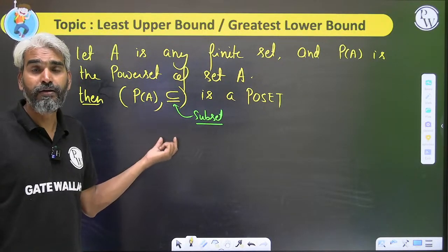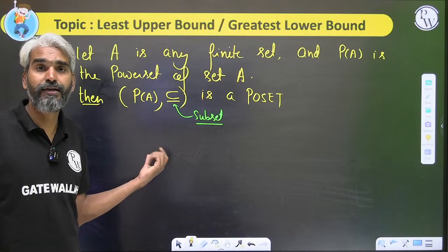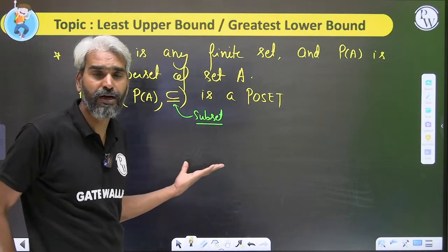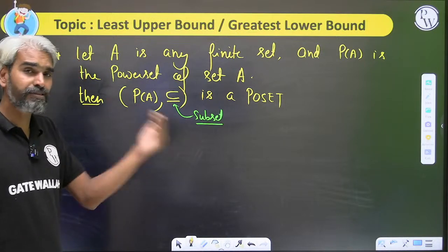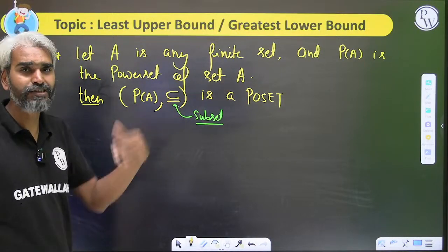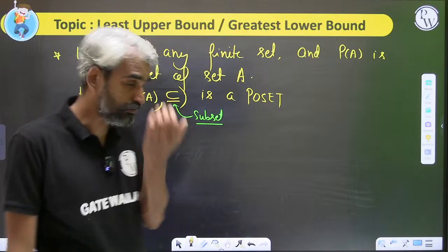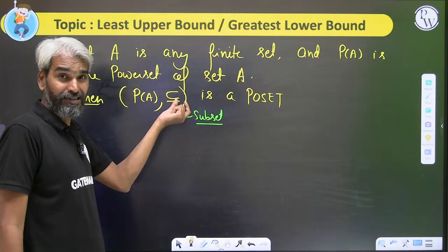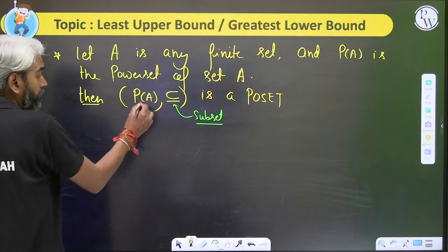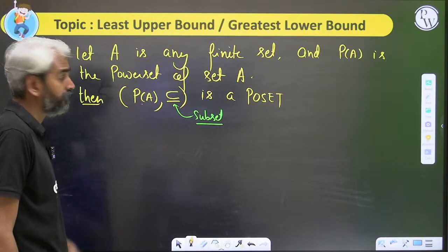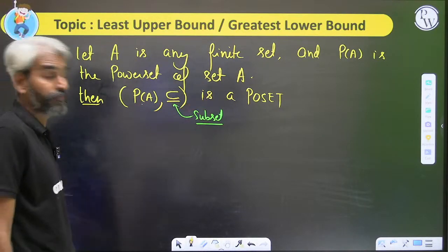Therefore, if at all x comma y belongs to R, then y comma x cannot belong to R unless x is equal to y, that is reflexive. Again, if x is a subset of y and y is a subset of z, then x will be subset of z, so it will be transitive also. So this relation is reflexive, antisymmetric and transitive. Therefore, this will be a partial order relation on the power set of A. Therefore, these two together will form a poset.